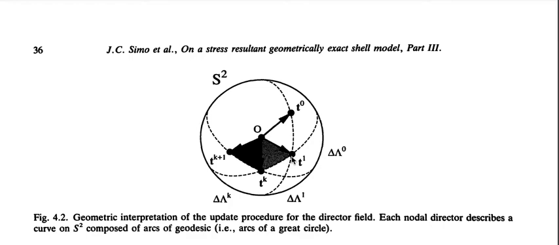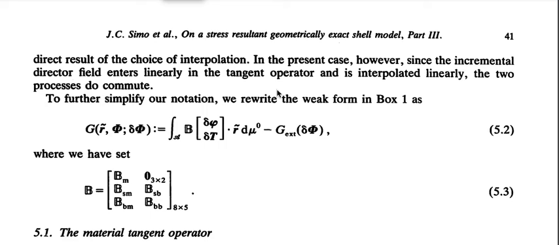Then that t1 is rotated to tk through this geodesic, with the corresponding delta lambda being delta lambda 1, and then this director vector is rotated to tk plus 1 through delta lambda k. All of these director vectors are related to the E vector through the corresponding lambda matrices. So the lambda matrices are constantly being updated along with the delta lambda calculations.